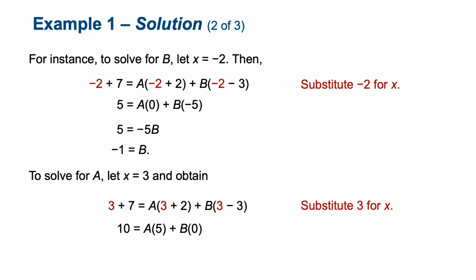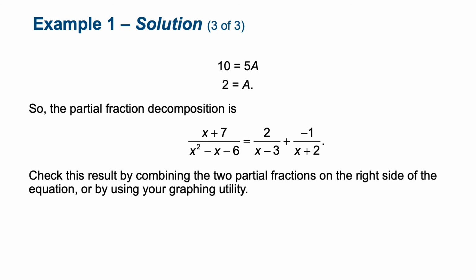That cancels out the A. So you get −2 + 7 is 5, and the A cancels out because it was 0, and then you get −5B, and when you divide, B is equal to −1. To solve for A, you just let x = 3, and that takes out the B term, and you get A is equal to 2.